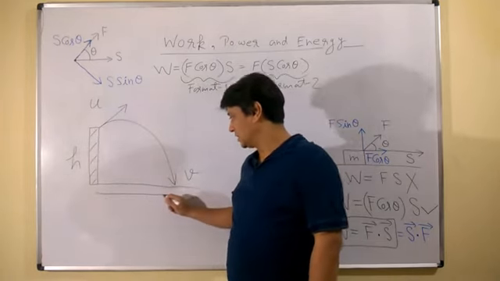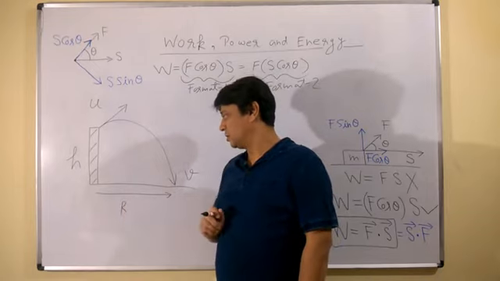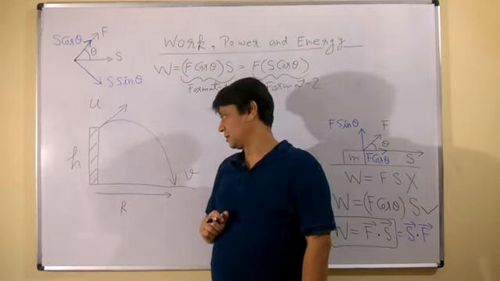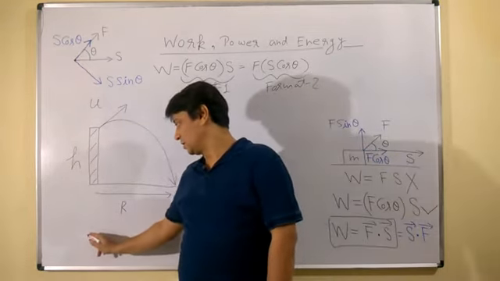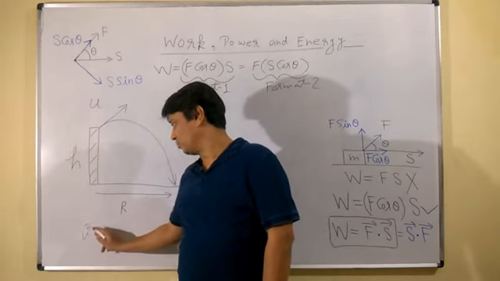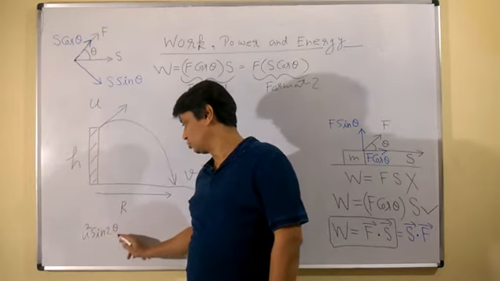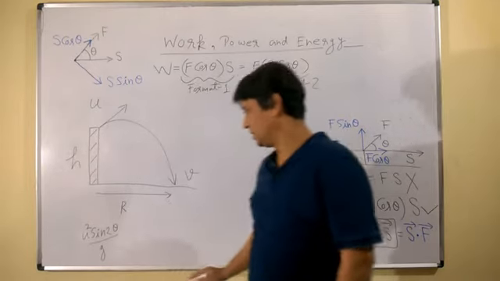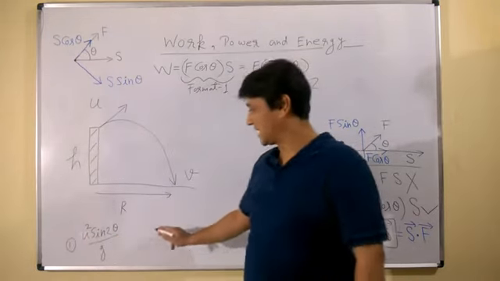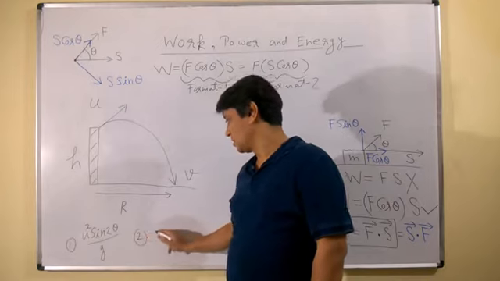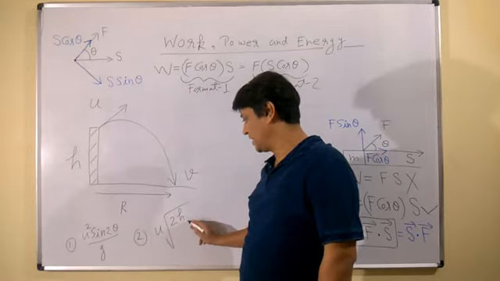यहां से यहां तक range was r. Just let me see how active you are. For the range, which equation is correct? U square sine 2 theta upon g, let's call it first one, or the second one, U times root over 2h by g.